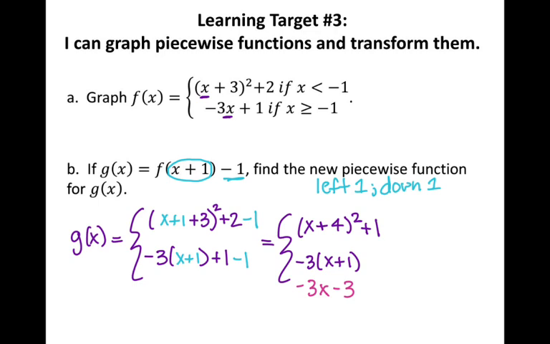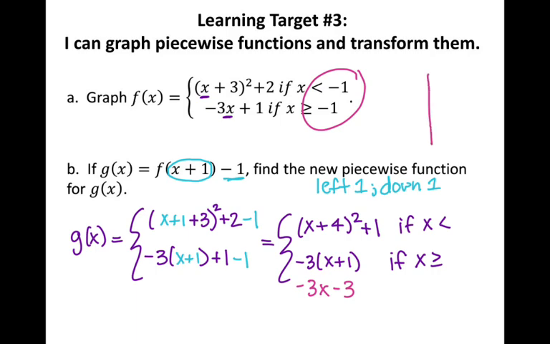Now, for the other portion of our piecewise function, we also need our inequalities. So if x is less than whatever, and if x is greater than or equal to whatever. Now, what's going to happen is we have this right here. That was our boundary, our transitional point, and it has now been shifted to the left 1 unit.